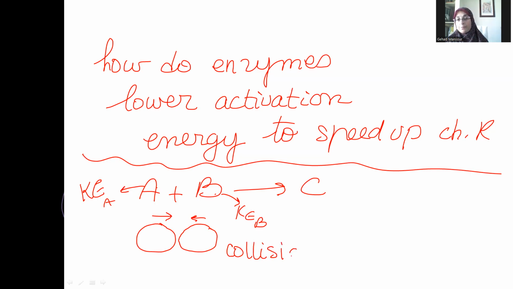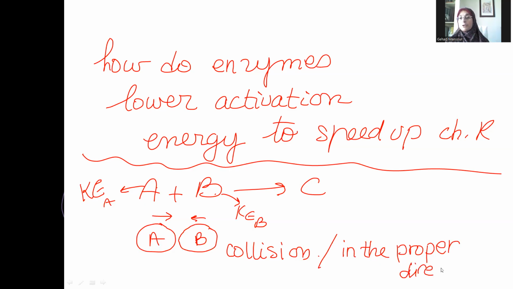Collision is very important for two molecules A and B. And not only to collide with each other, but to collide in the proper direction, meaning that there is a certain direction in which A and B have to collide in order to react with each other, if their valence electrons allow them to.